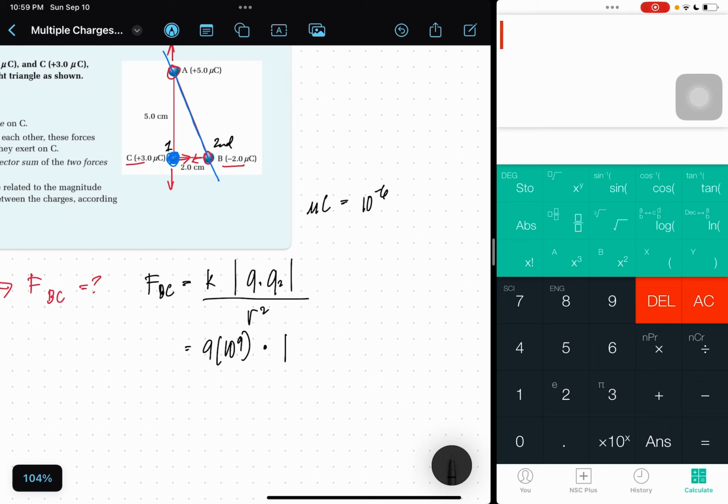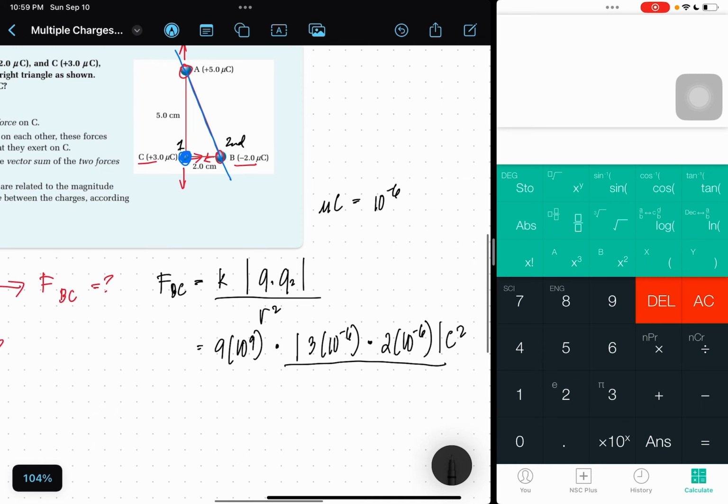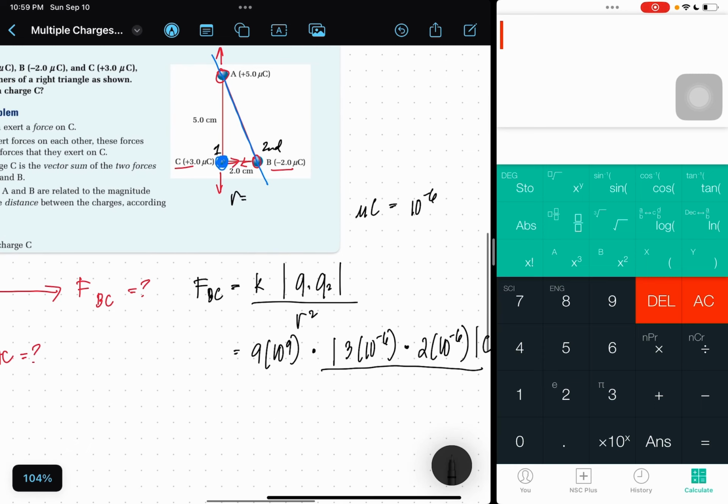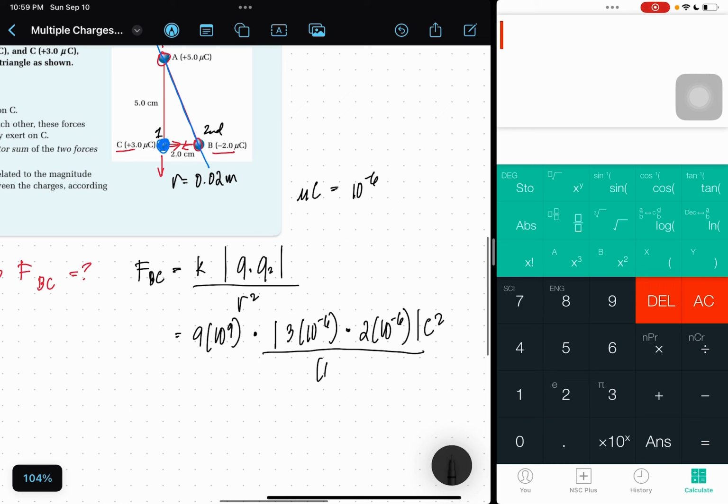So, we can apply it now: 3 times 10 raised to negative 6 multiplied by 2 times 10 raised to negative 6, divided by, take note, our r here is 0.02 meters, so kino-convert po natin siya. Meron tayong 0.02 meters squared.